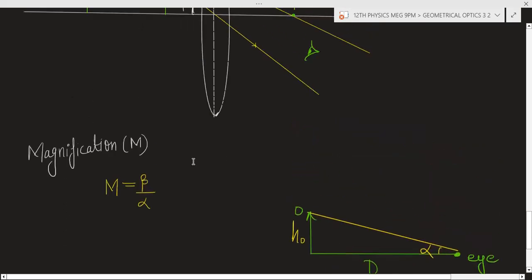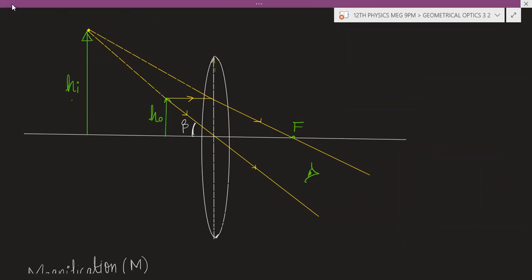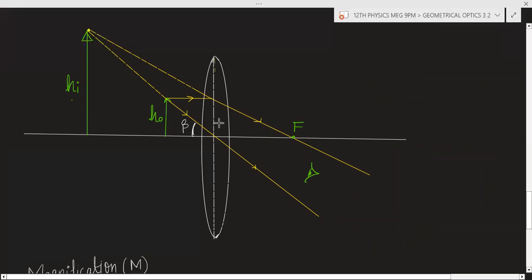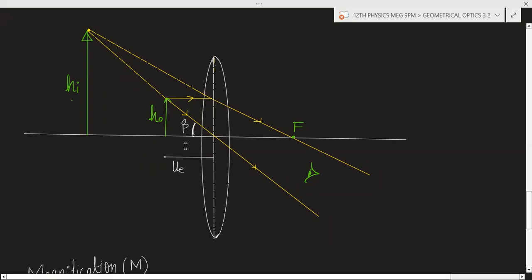Now what is beta? For calculating beta, this is the object. For the position of the object, this distance will be the object distance. Suppose this distance is u suffix e, the object distance between the optical center and this object.